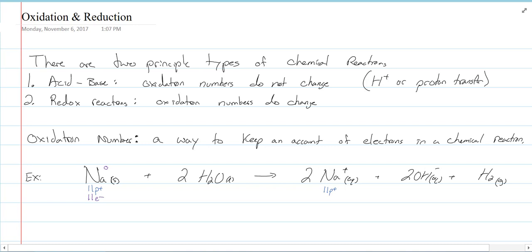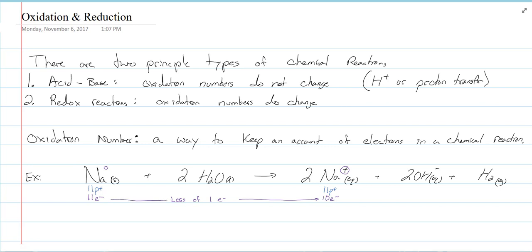On the other side of the arrow, though, we're positive. So that means we lost a negative particle. I have one more positive than negative, so that means I would have 10 electrons. That's a loss of 1 electron right here, isn't it? We lost 1 electron.